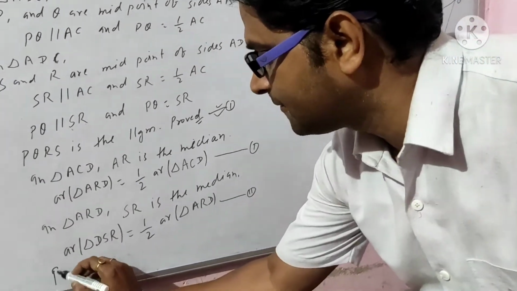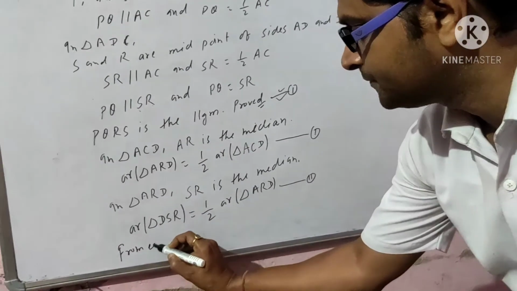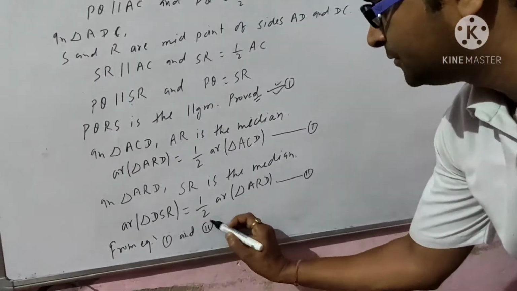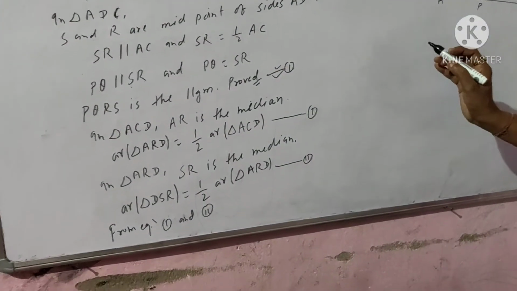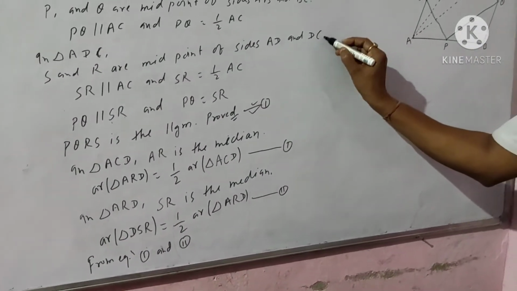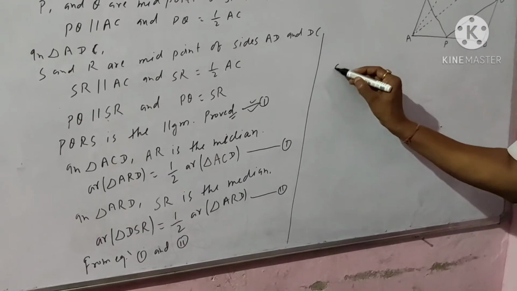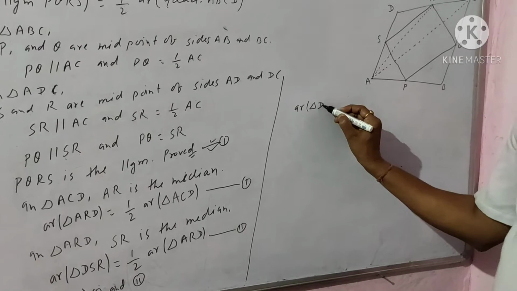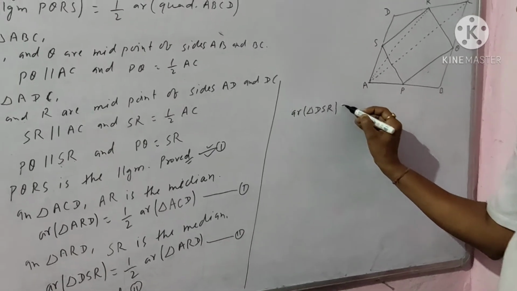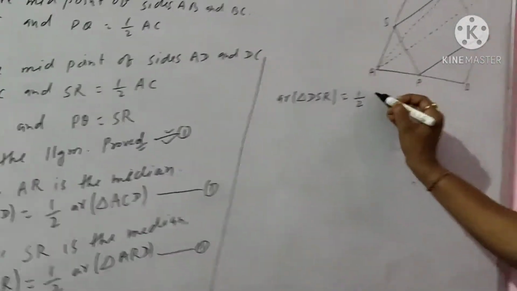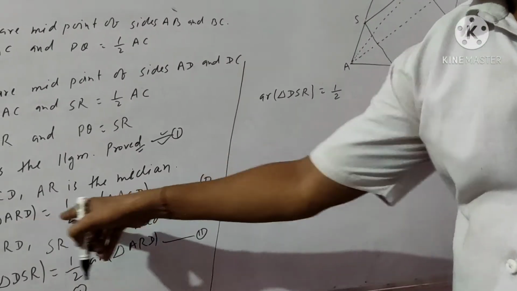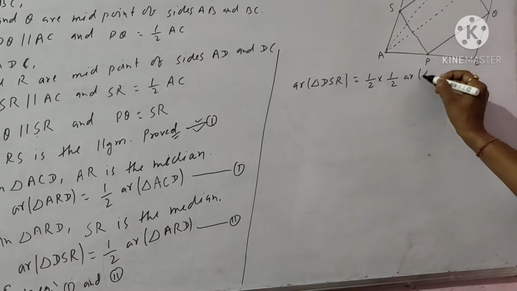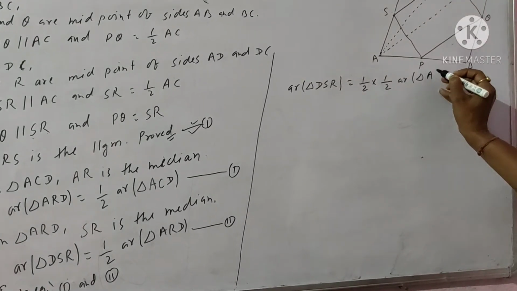So we can write here, from equation 1 and 2, what will we get? Area of triangle DSR is equal to 1 by 2 area of triangle ARD. So we can write 1 by 2 into 1 by 2 area of triangle ACD.